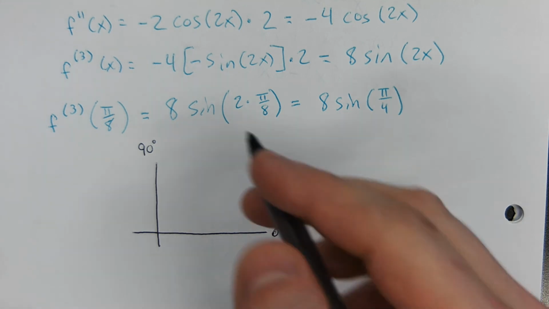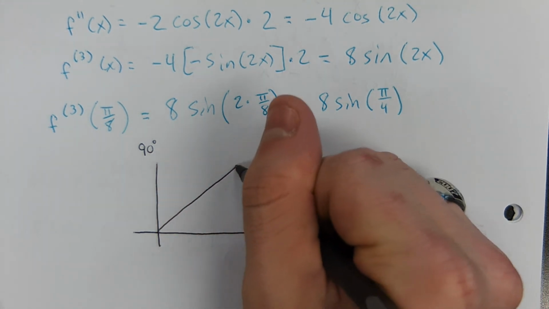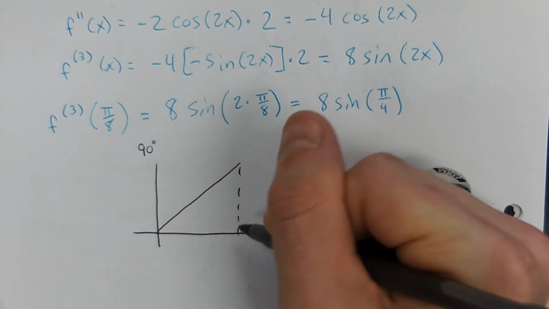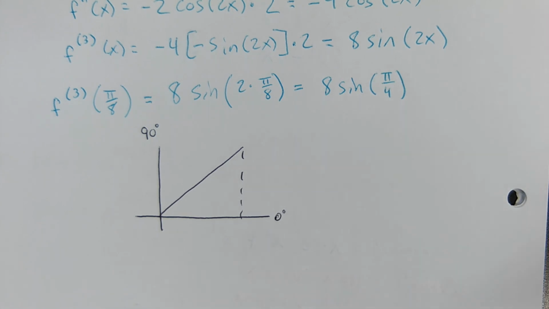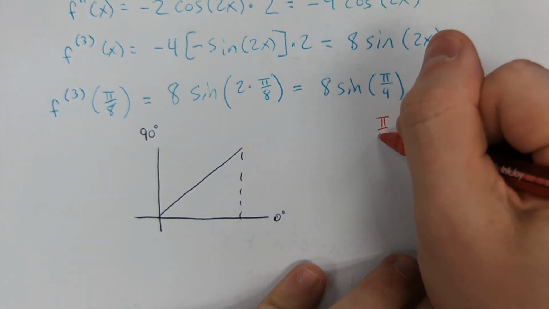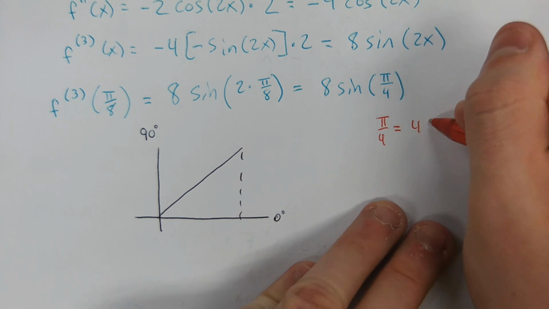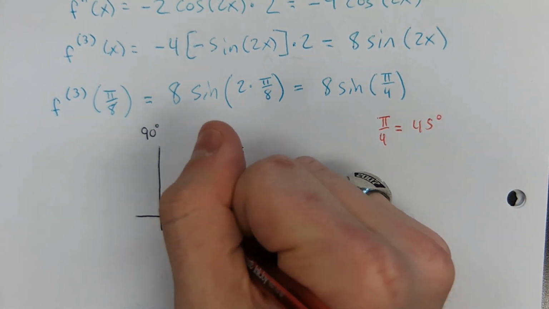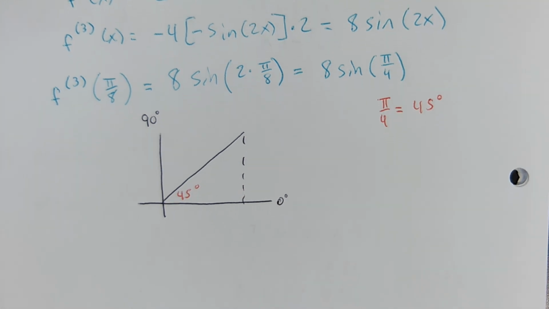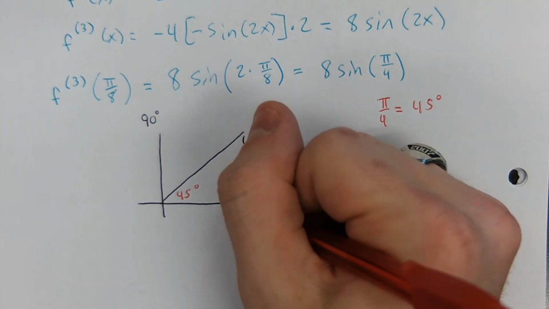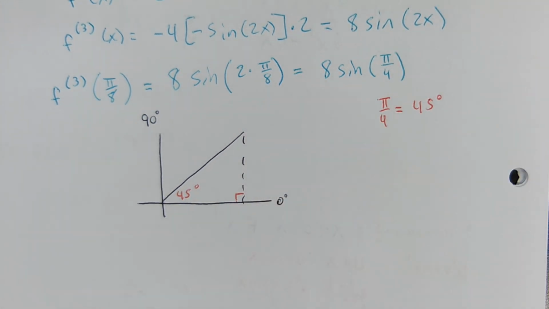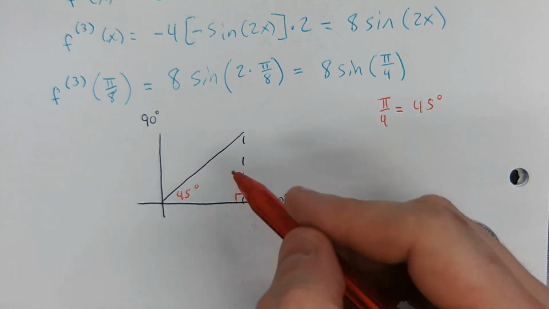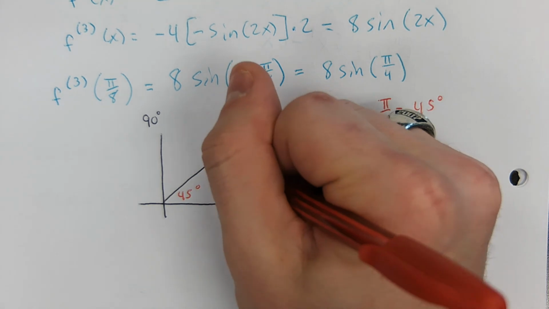I'm going to draw a generic triangle, picture not drawn to scale. Like I said, pi over 4 radians is 45 degrees. So I could put a 45-degree angle right here. This must be a right triangle. All triangles add up to 180, so this angle up here is 45 degrees as well.